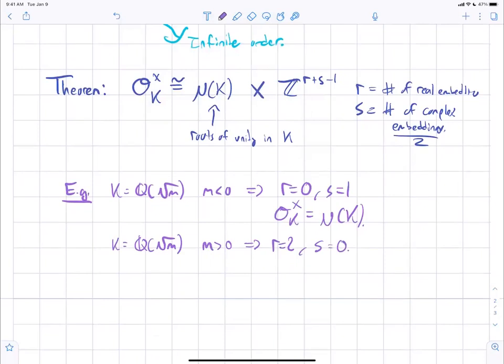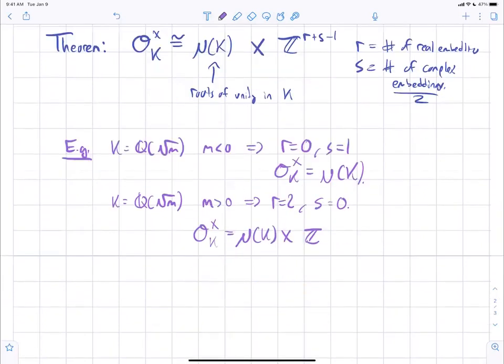That means O_K^× is isomorphic to the roots of unity that live inside it, times Z to the 2 minus 1. So you get one copy of Z. The roots of unity in a field that embeds in the real numbers are just plus or minus 1.